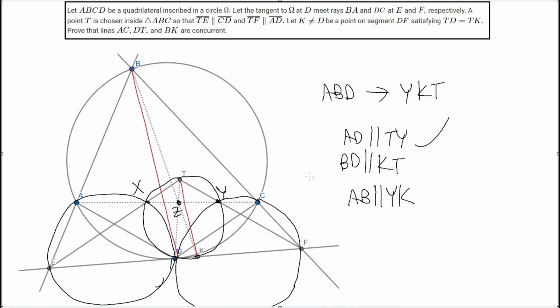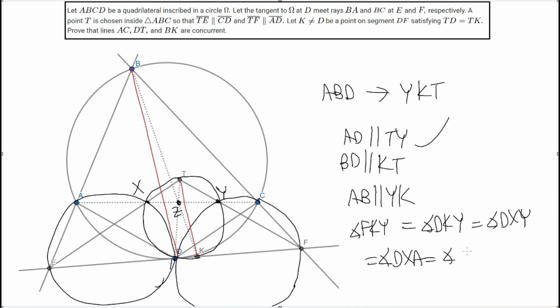And again, we can use the base angle EF as a reference, because KY works well with EF. So anyways, we get directed angle FKY is equal to directed angle DKY, which is directed angle DXY. And we're just doing stuff at this point. And DXY is equal to directed angle DXA, which is directed angle DEA.